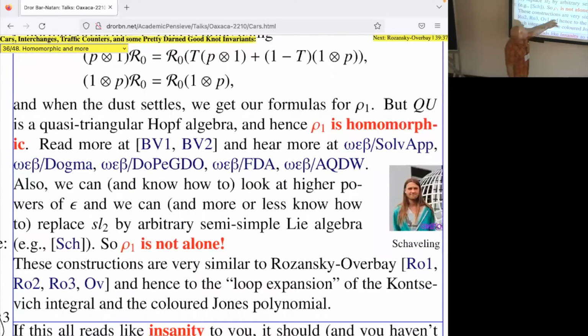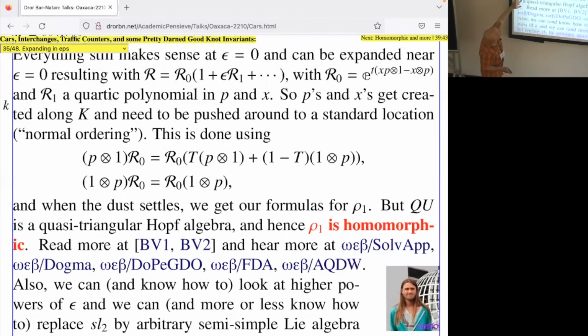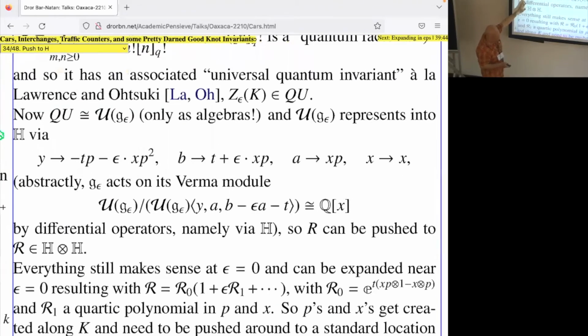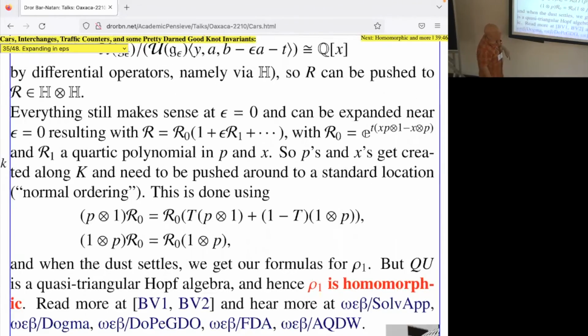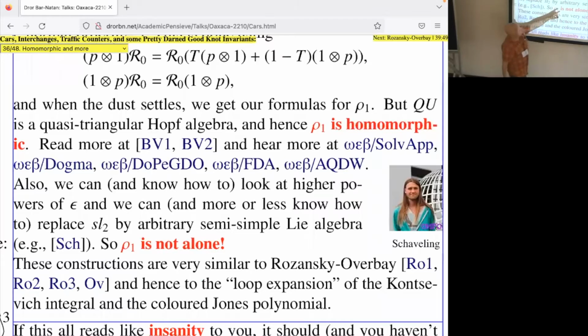But you also learn that there is more. So basically, this expansion that I used here in powers of this parameter epsilon that I never explained can be continued, then instead of row 1, you can get a row 2 and row 3 and so on. And furthermore, instead of using SL2 as the initial seed, I could have used any other semi-simple Lie algebra.